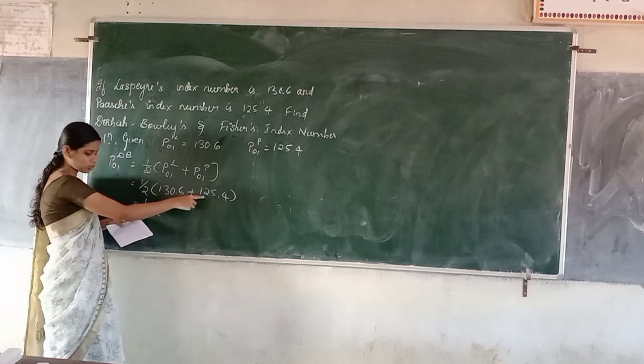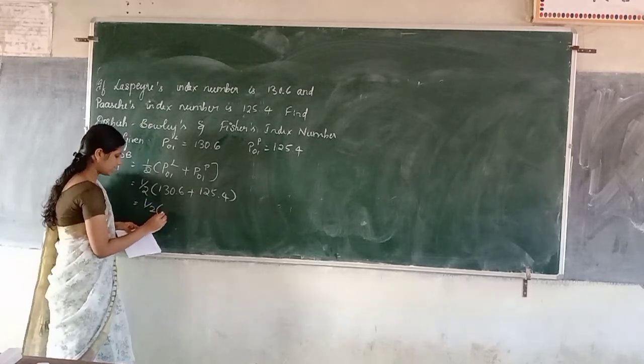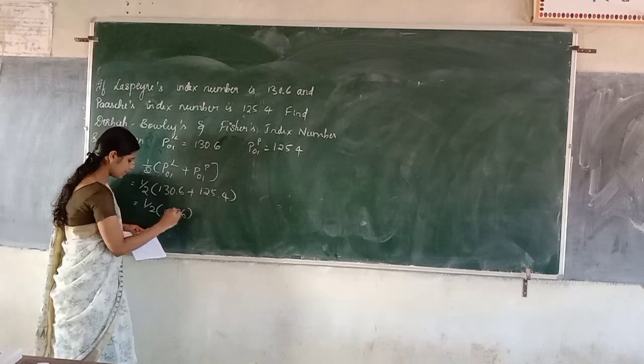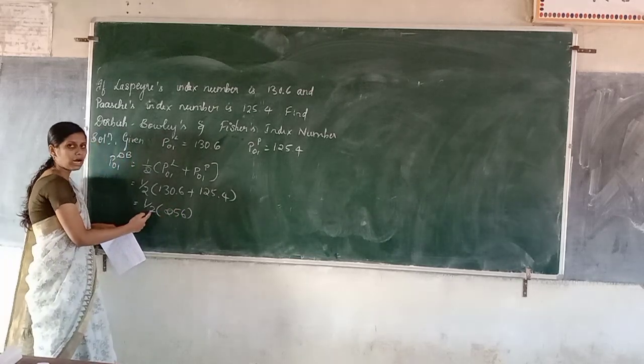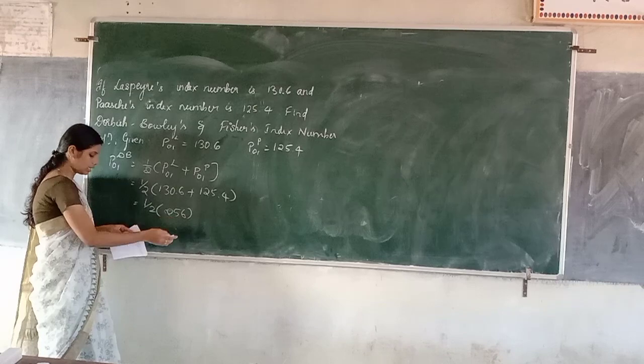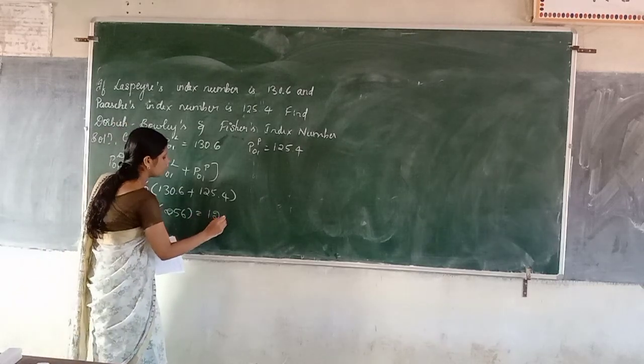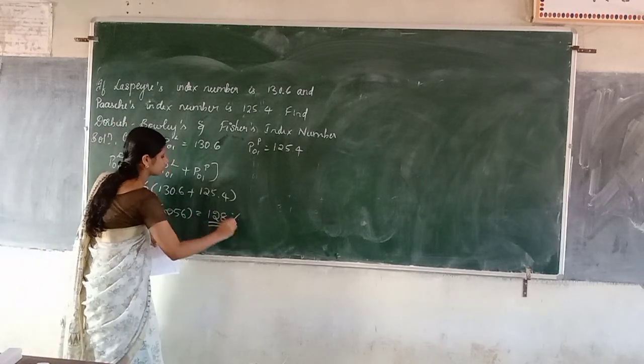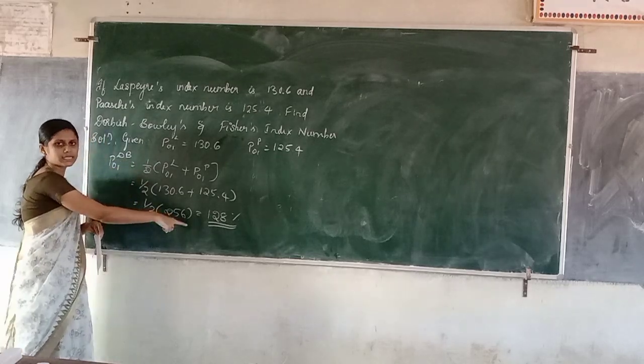When you add these two, you get the total as 256, and half of 256 is 128. Dorbish-Bowley price index number is 128%.